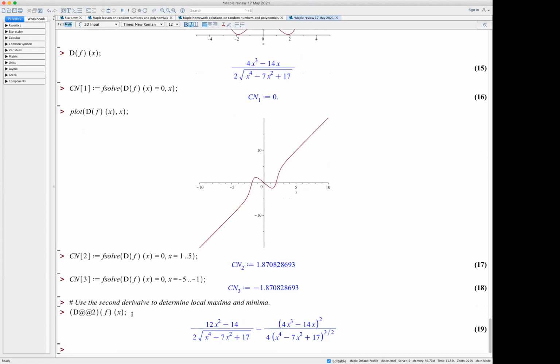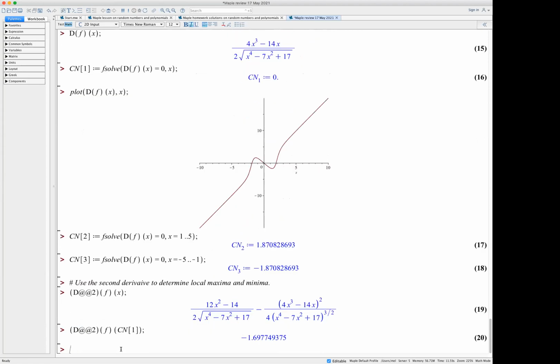So if I evaluate the second derivative at the first critical number, I get something negative. So that tells us that CN1 is a relative maximum or a local maximum, same thing.